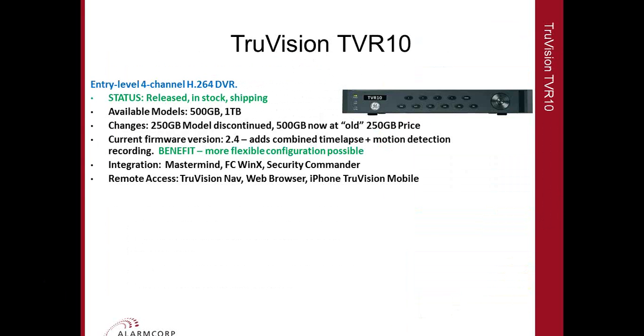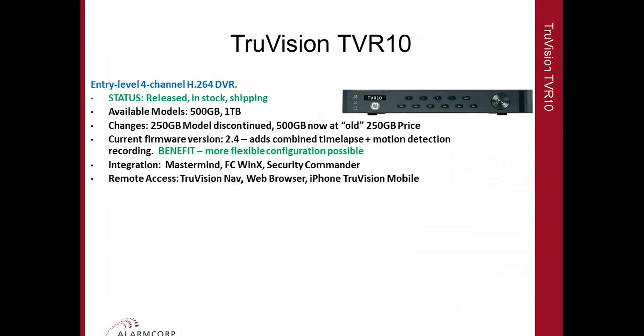Since this product was released, there have been, I guess, 2 changes. The first one is that the 250 gig model has been discontinued. The base model is now 500 gig, and it is at the same price as what the old 250 gig unit was. Next change, the current firmware version is version 2.4.